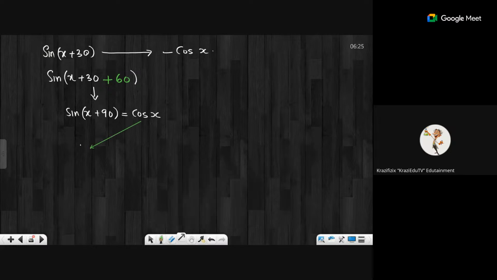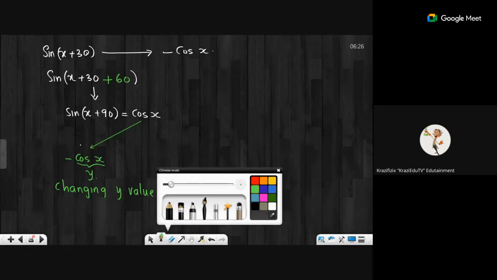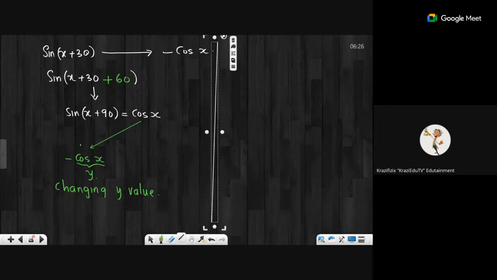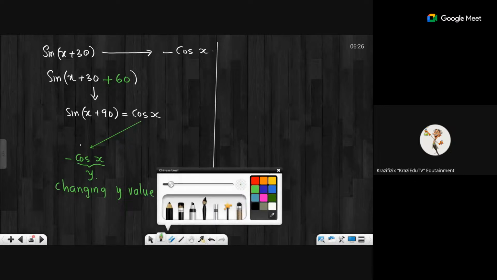So how do I move to negative? I'm just going to say negative cos x. Mind you, this is your y. So we are multiplying the y. We are changing the y value. Check, changing the y value. Follow what I wrote on transformation. You would see. What is my final answer here? I added 60 to the x. It's a plus.